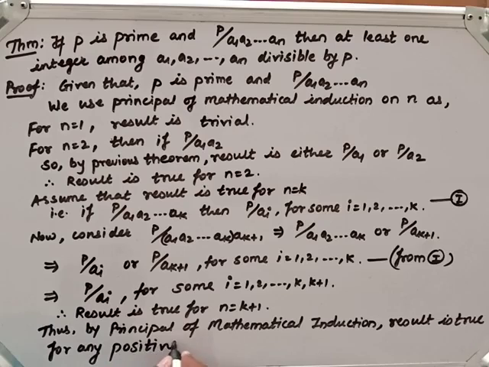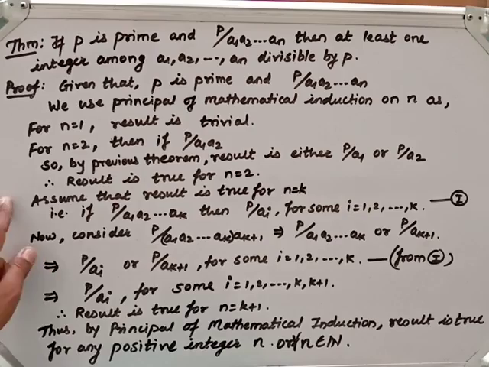For any positive integer n, or what can we say? N belongs to the set of natural numbers. For all n belongs to the set of natural numbers. This is the proof of this one.